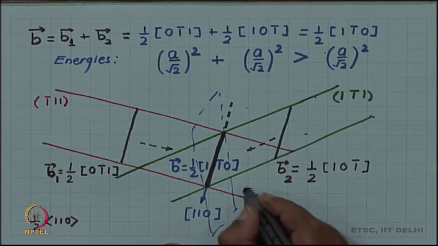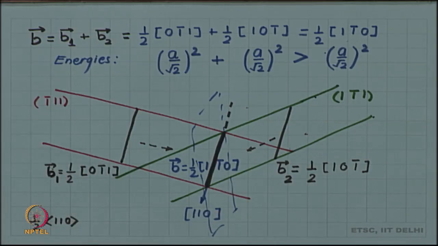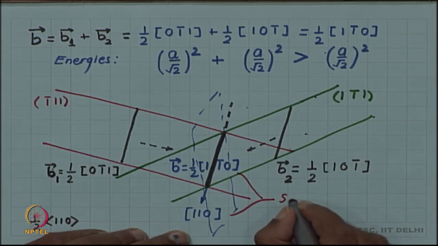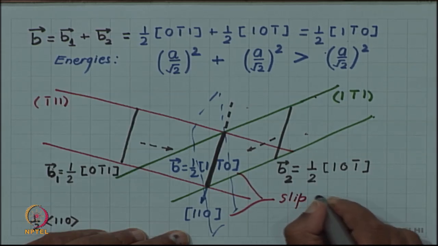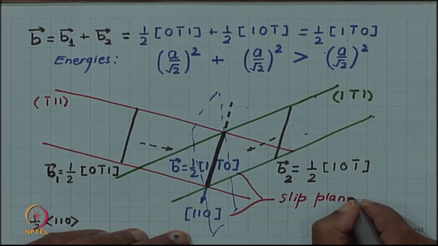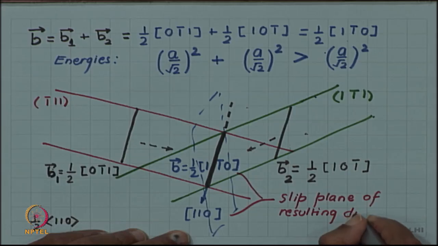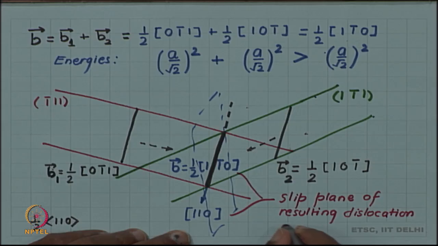So, using Weiss zone law, you can find the common plane for these two. So, the slip plane of the resulting dislocation is 001.